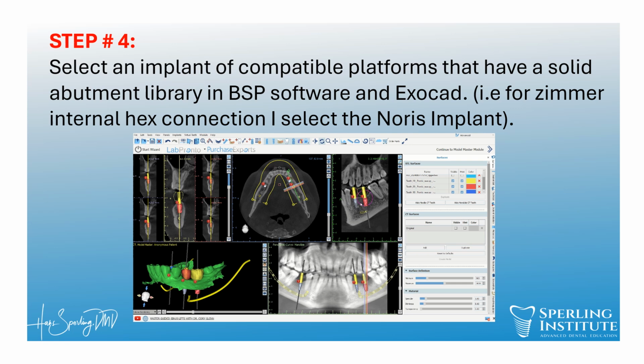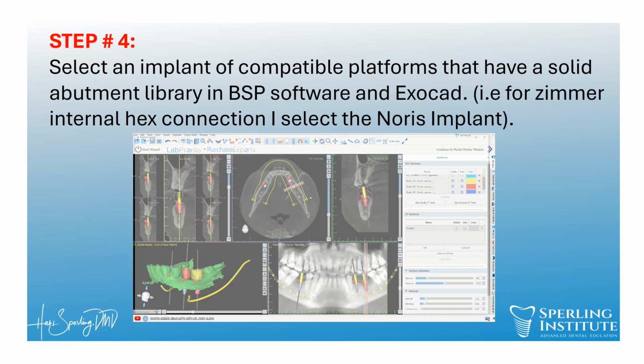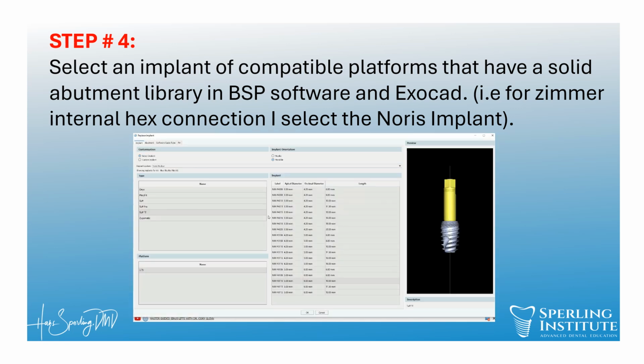We need compatible systems that have a good library in Exocad. So our implant system that we're going to use in this case is going to be the Norris system. We're just looking for the connection that we want and a similar length and diameter to what we're going to use.